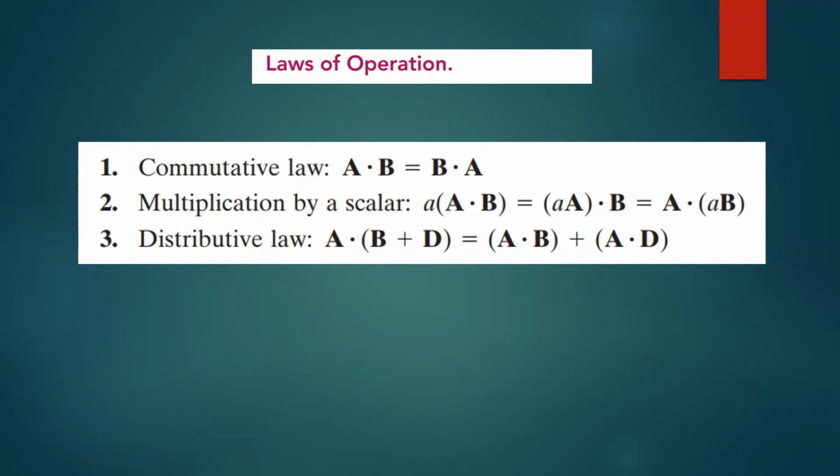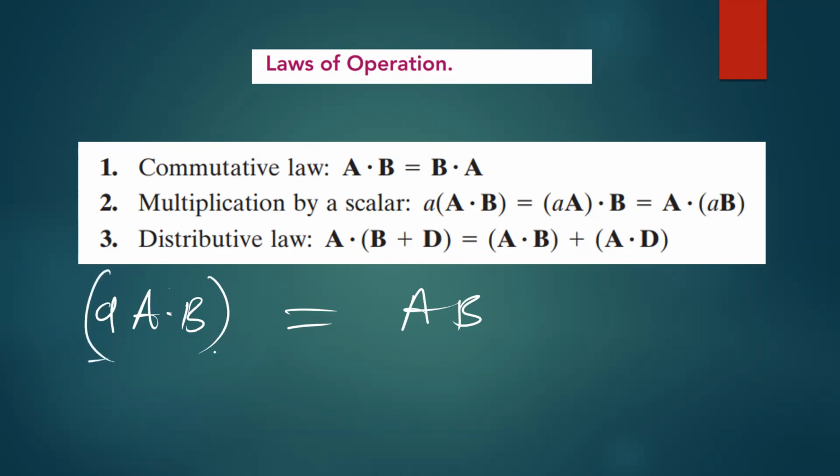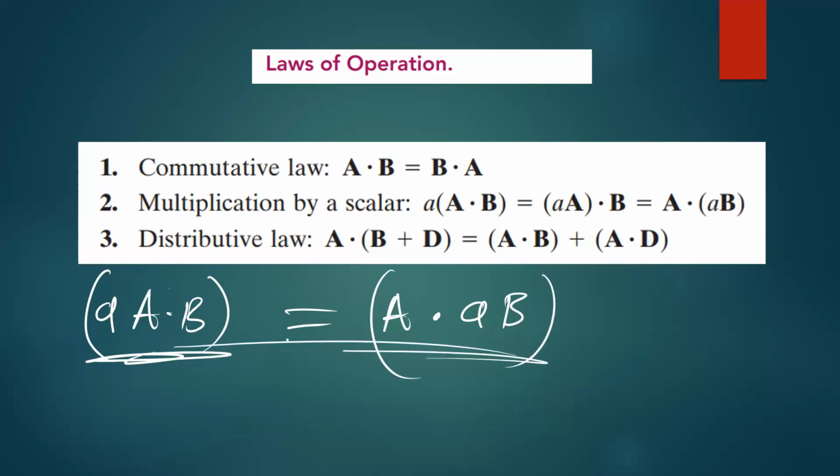When you multiply a scalar with the dot product of two vectors, you can simply multiply that scalar with either vector A or vector B. What that means is that if you have A dot B and you multiply a scalar A to the dot product, this can also be written as A times the vector A dot B. The answer you get here is the same as the answer you get when you first multiply the scalar with vector A and then dot it with the vector B. So this is what it means. All right, so the distributive law.